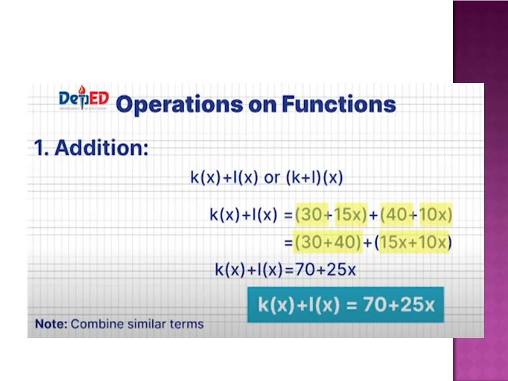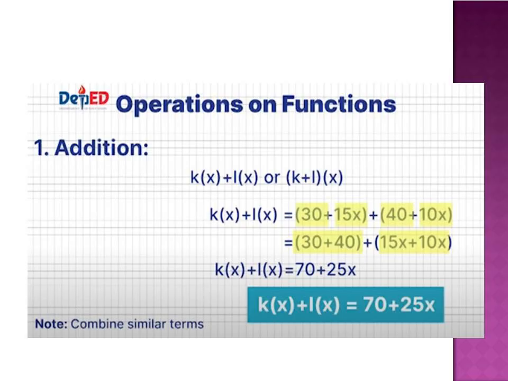And since we are adding the amount of money the two saved, it will be denoted by k of x, which is Kevin's savings, and L of x, which is Lena's savings, or k plus L of x. And this is equal to the quantity 30 plus 15x plus the quantity 40 plus 10x.